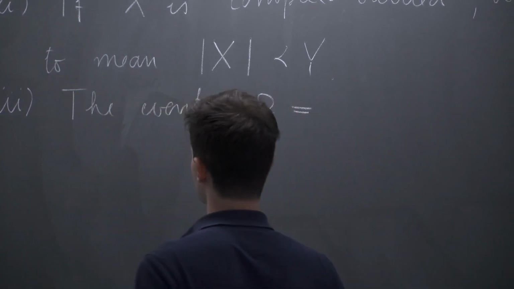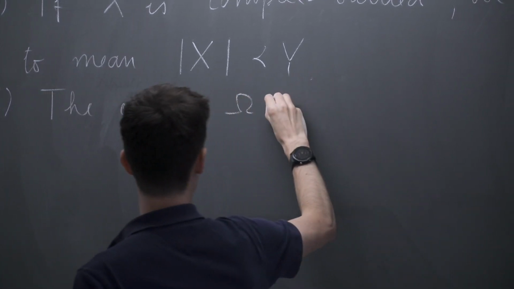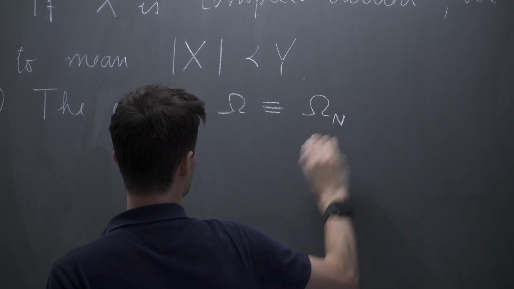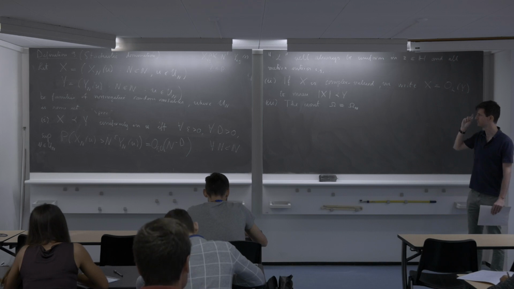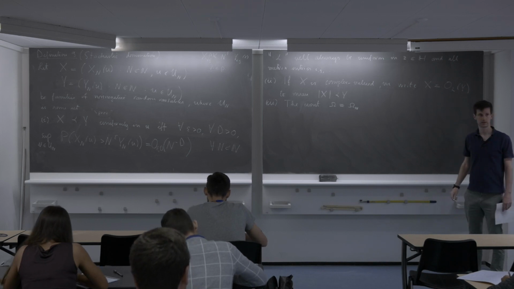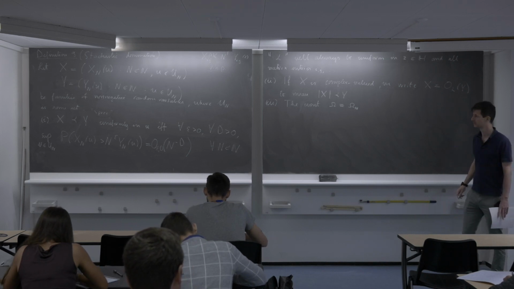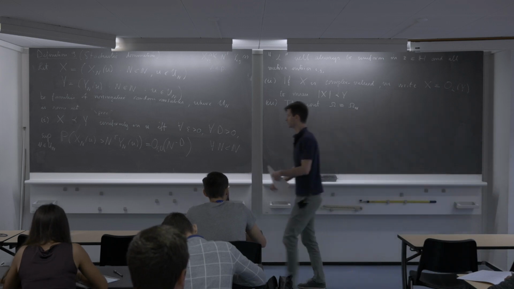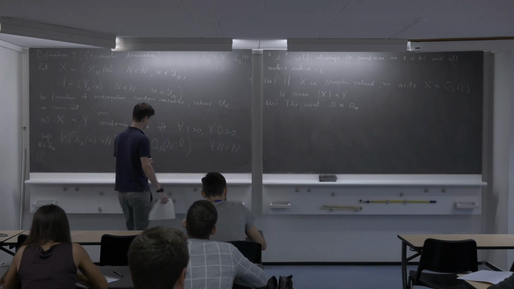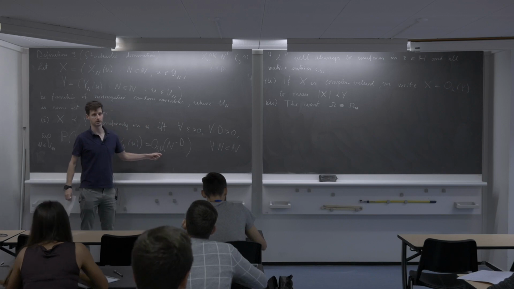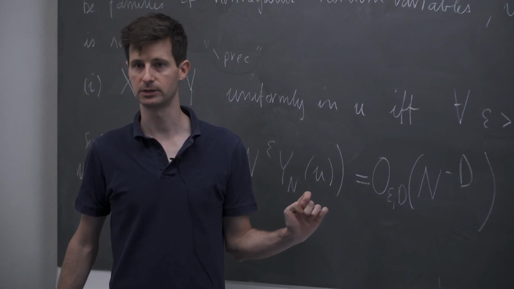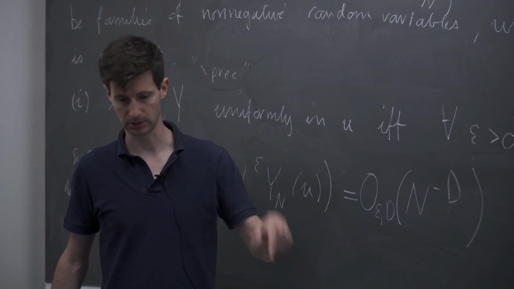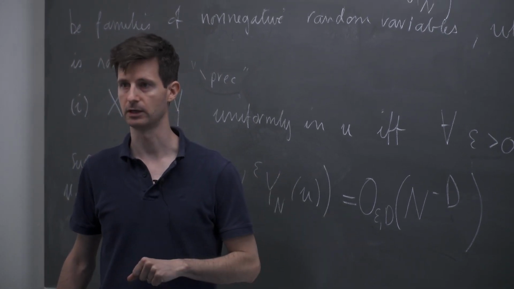So suppose I have an event, in fact more specifically a family of events, which may even depend on a parameter U. And I will say that this event holds with very high probability if the probability of its complement is bounded by such an expression. Right? So my notion of very high probability is that the complement has arbitrarily fast polynomial decay in N.